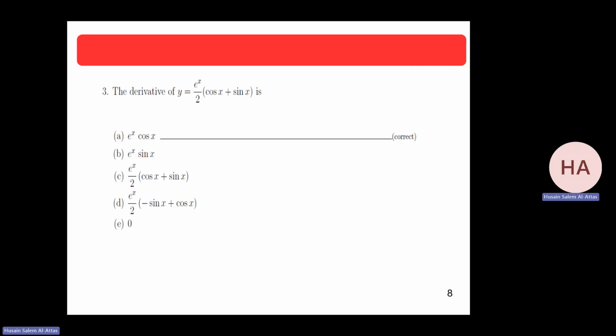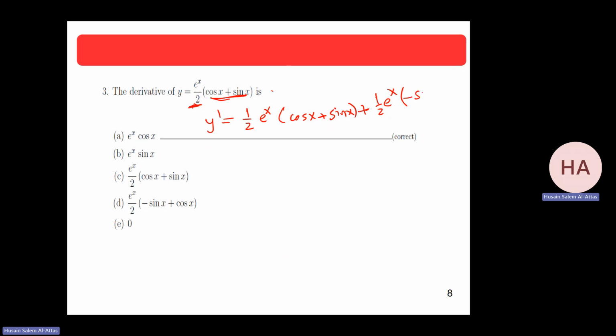Okay. Derivative of this. If we think about it, the function is what? Yeah, this is the first, and this is the second. So y prime is the derivative of the first, which is the same, times the second, plus the first. This is my first, this is my second. What's the derivative of the second?